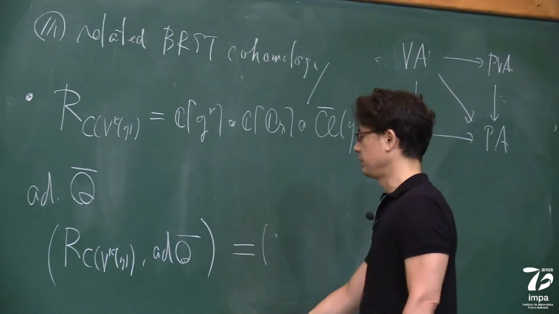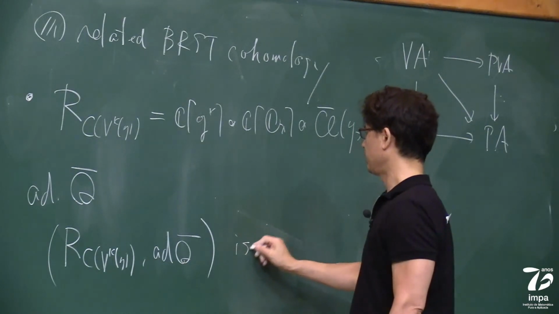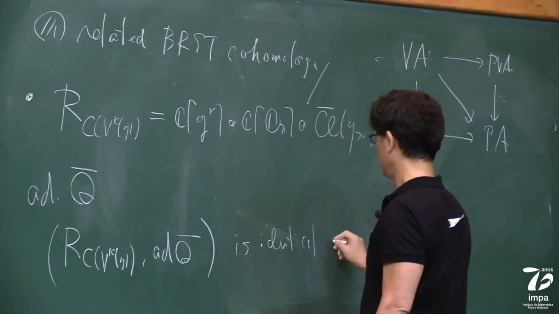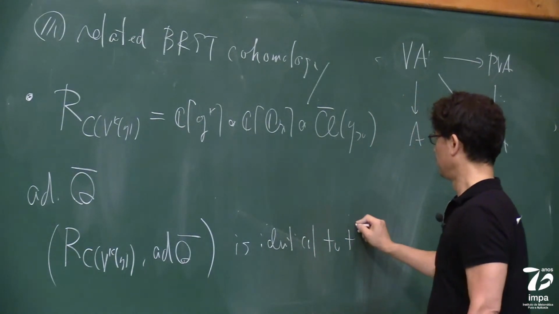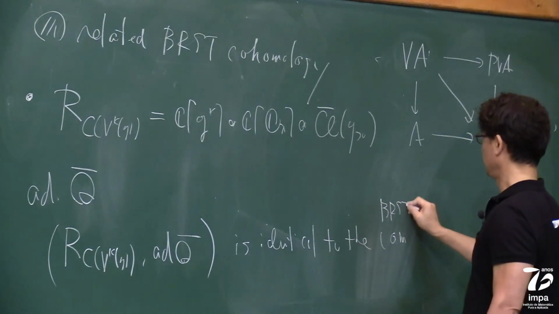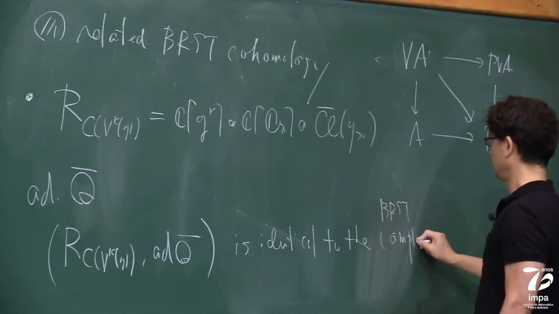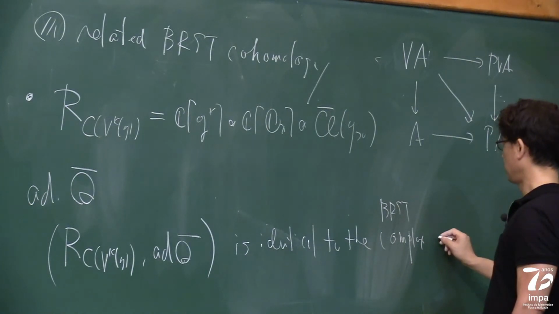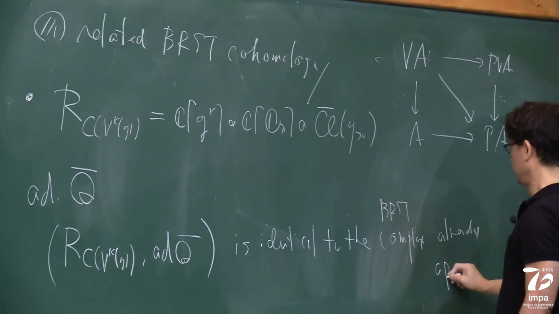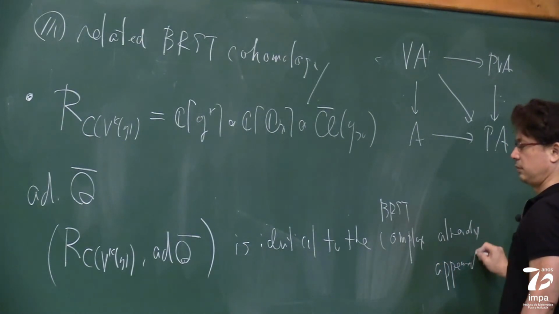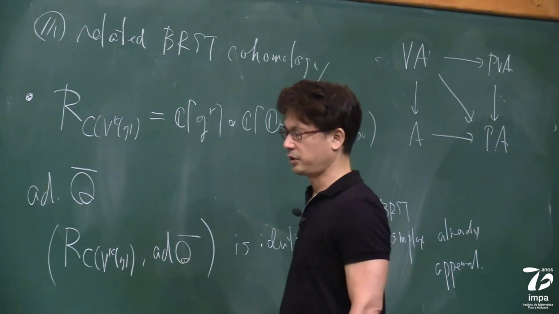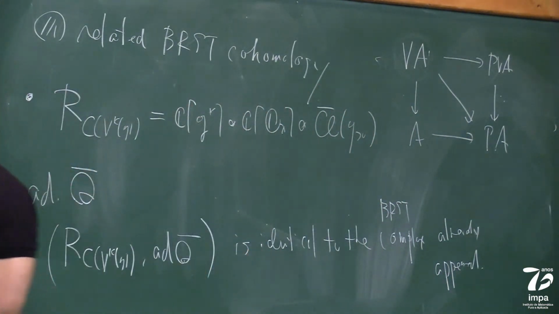So this is identical to the BRST complex that already appeared. This is defined by the Q-bar I explained in the Poisson setting.